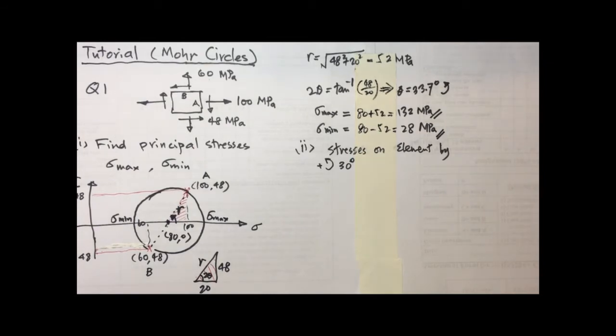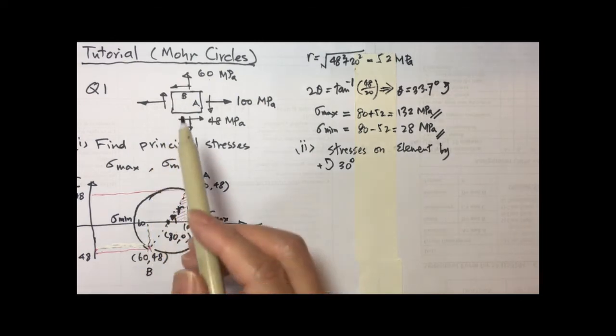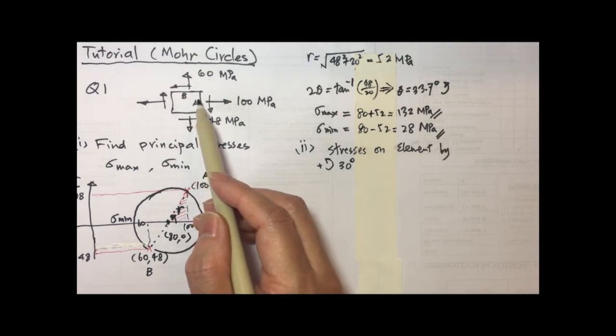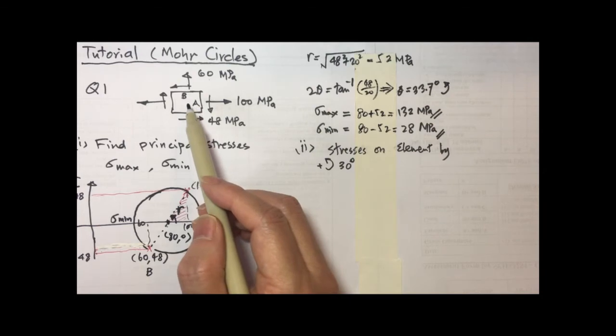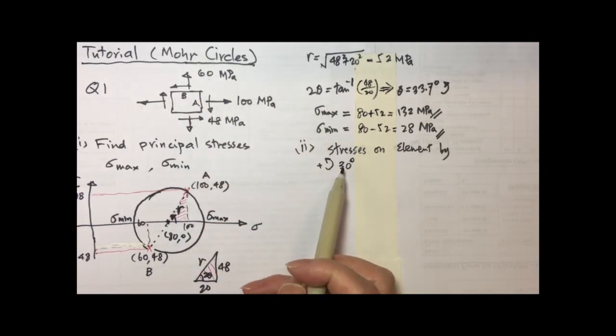Now, what about the second part? You are requested to work out the stress on the element, right? By rotating the plane, or rotating the element in anti-clockwise direction by 30 degrees.